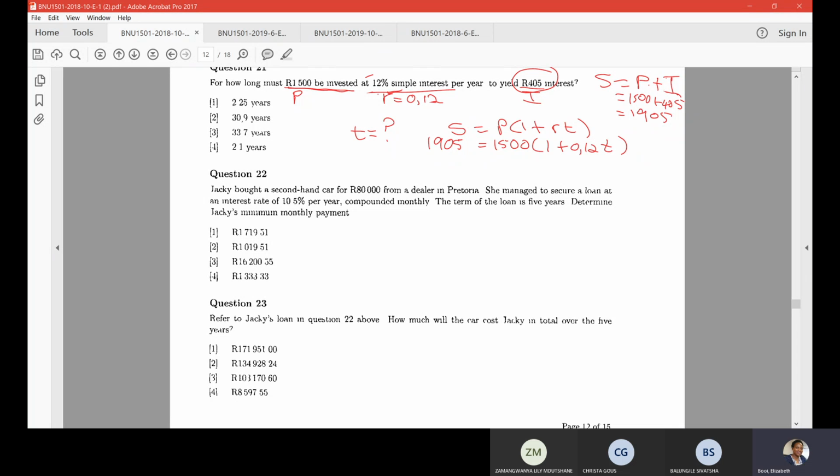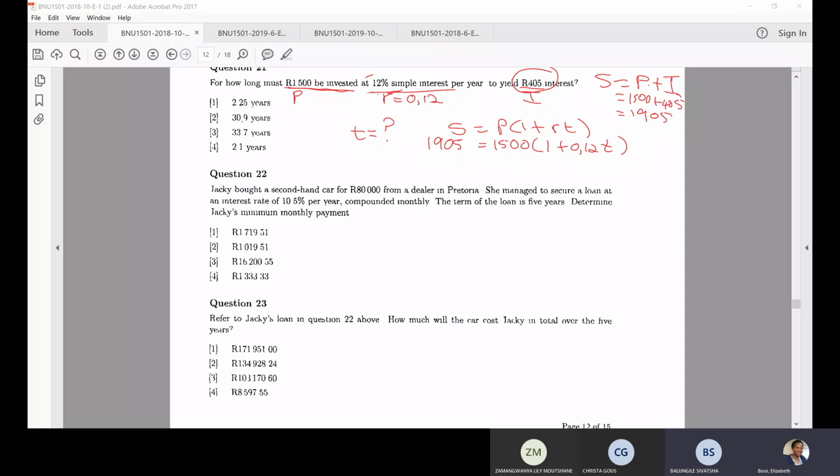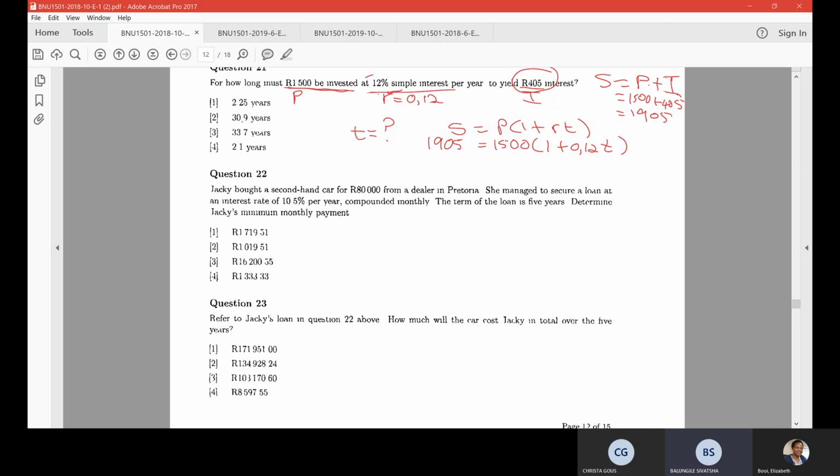What needs to follow next? Is to move 1,500 from this side to the other side.